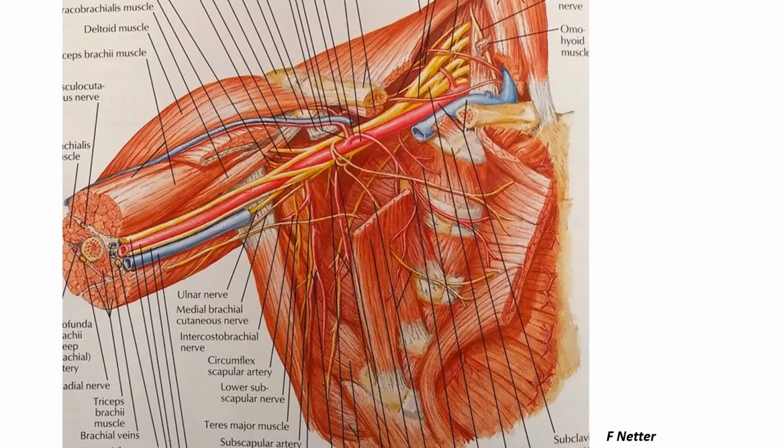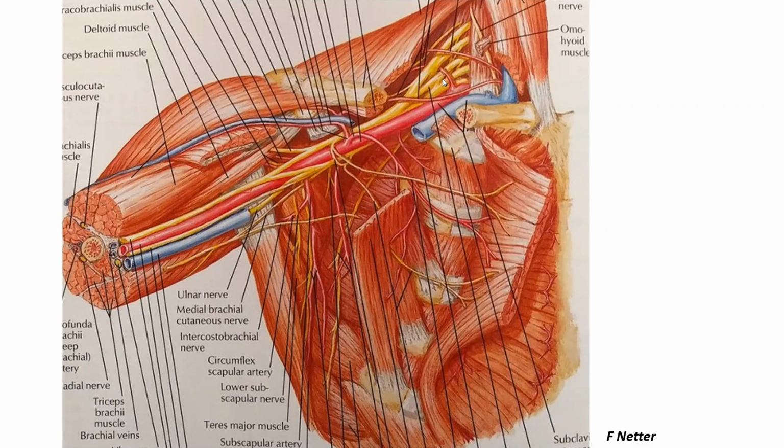So if you have a bleeding complication, it's easier to control. It's more compressible against the chest wall. Another advantage of axillary versus subclavian is that the axillary, being outside the chest, is visible via ultrasound. So axillary access can be done via ultrasound.